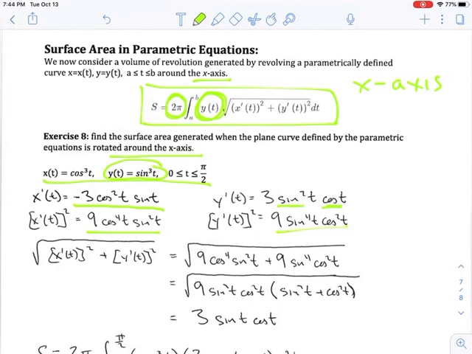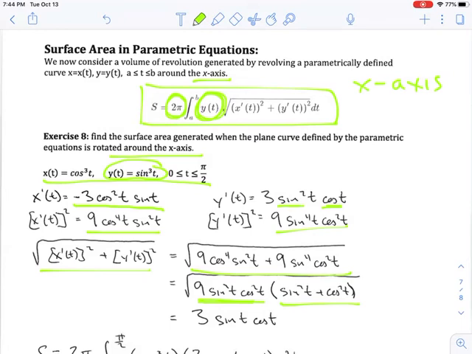We have that. Putting them into our radical, we have the square root of 9 cosine to the 4th sine squared t plus 9 sine to the 4th cosine squared t. We can factor out of that a 9 sine squared cosine squared. And what we will be left with, fortunately, is sine squared plus cosine squared, which becomes 1.